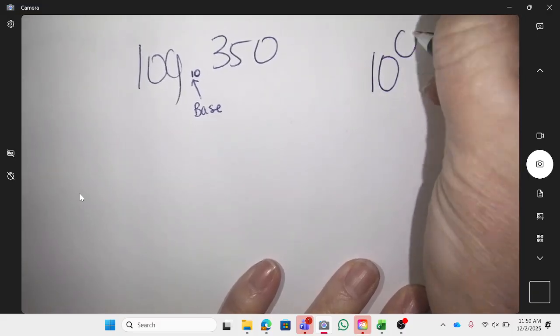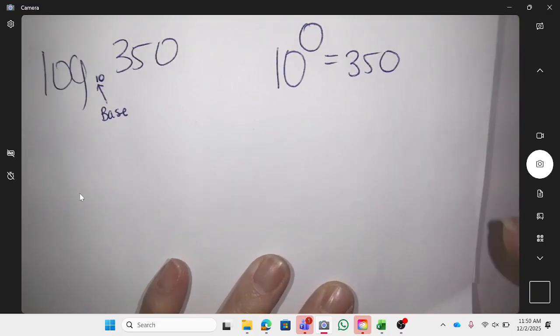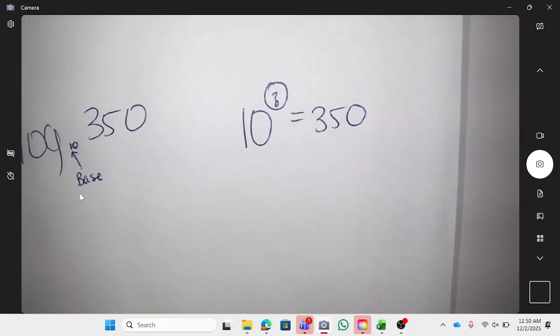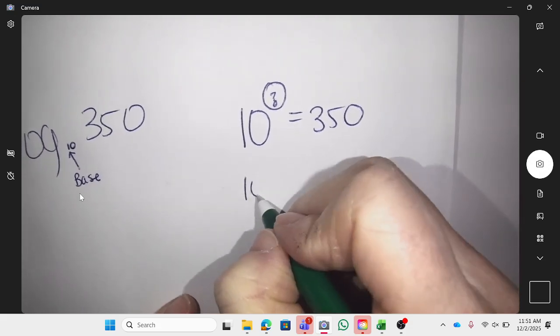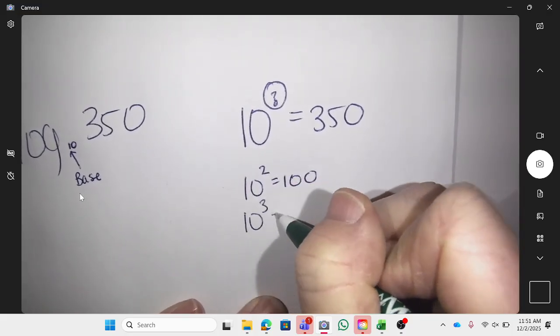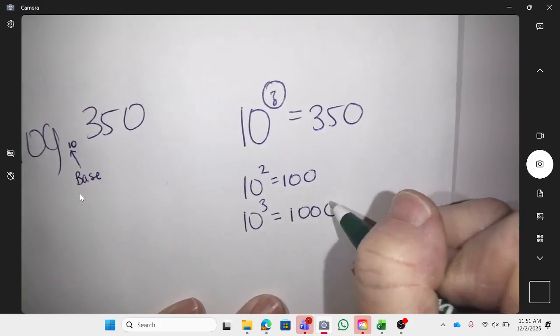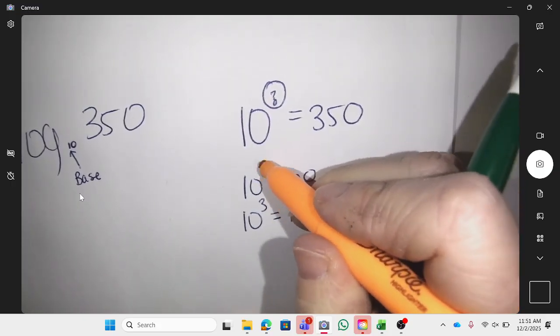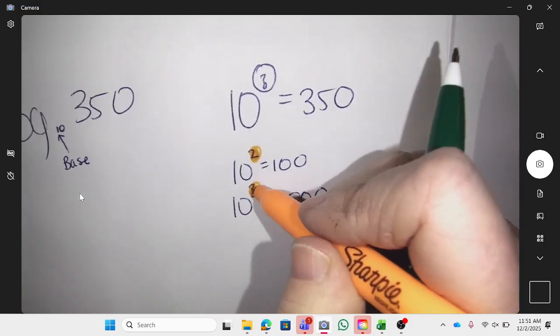So here's what you need to answer me. You're trying to estimate what that exponent could be. Would you agree with me that that exponent is higher than 2? Because 10 squared is 100. 10 cubed is 1,000. So what is the exponent?